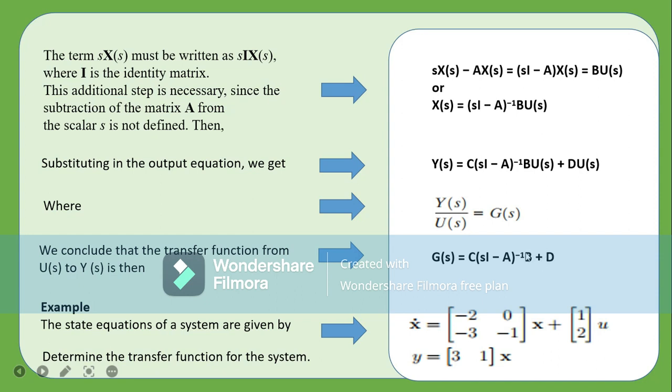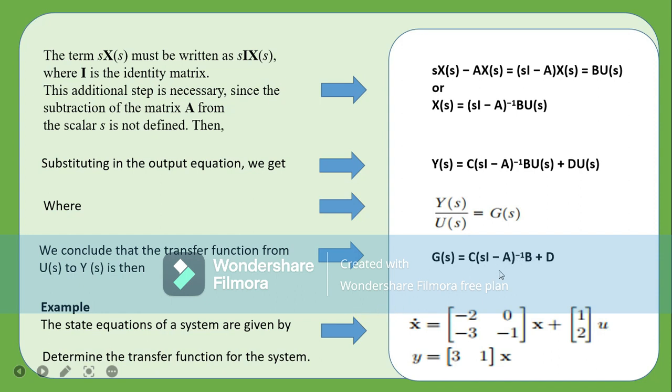So this is also a matrix. So you can see that this is also a matrix. So this is the input matrix. You know that this C here is the output matrix, and you know that this A here is a system matrix. So let's consider an example where we can apply this, and see how it looks.